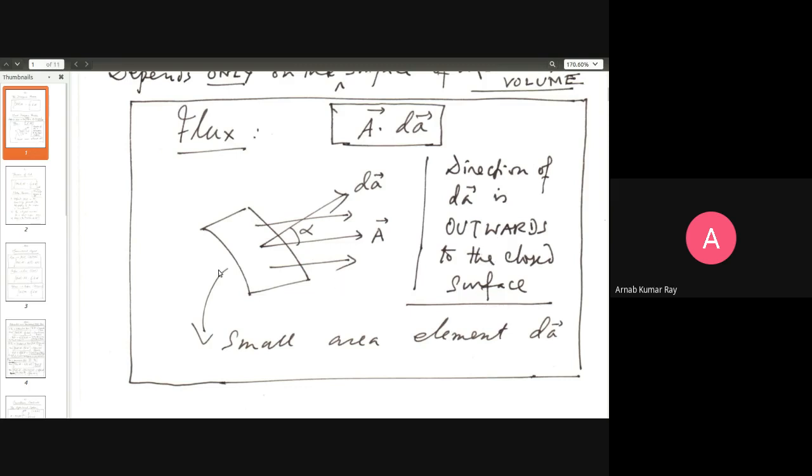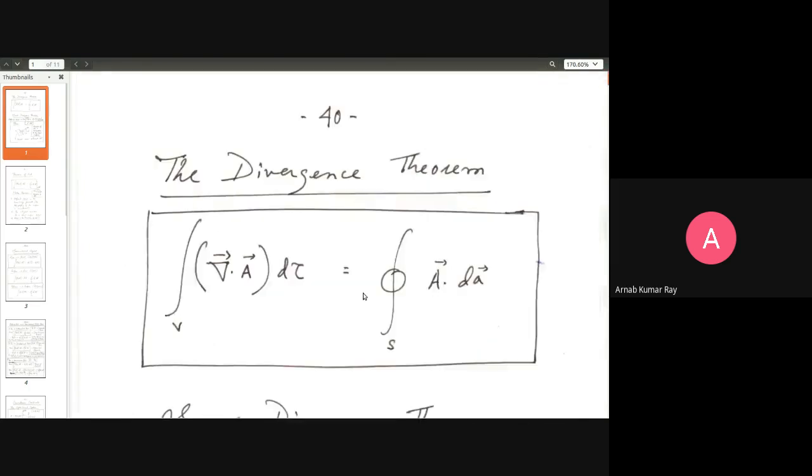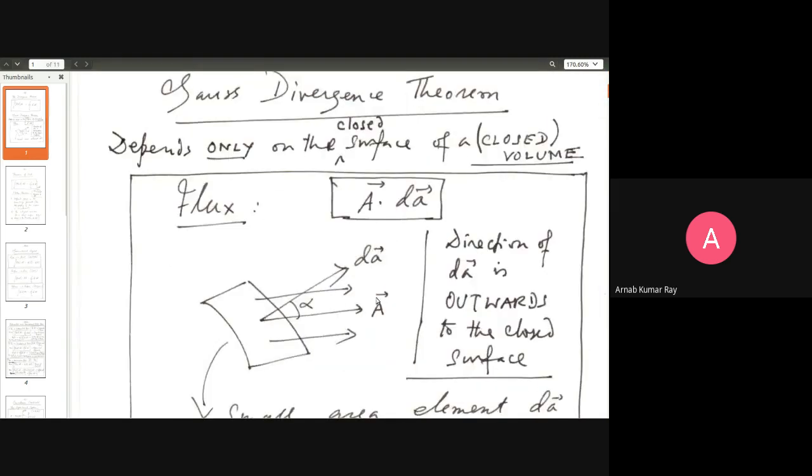This is a part of an area element, which is a part of a larger closed surface, because ultimately we shall be performing a closed surface integral. For instance, on the surface of a sphere, the outward direction is along the radial path.